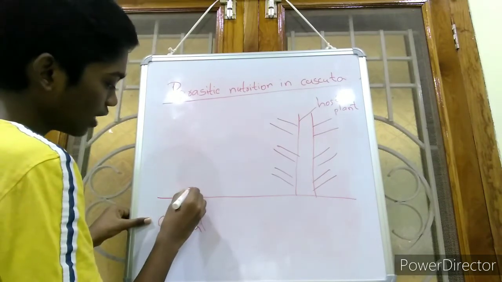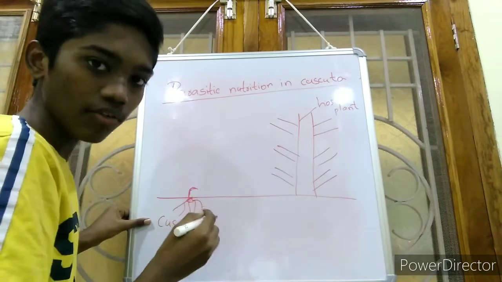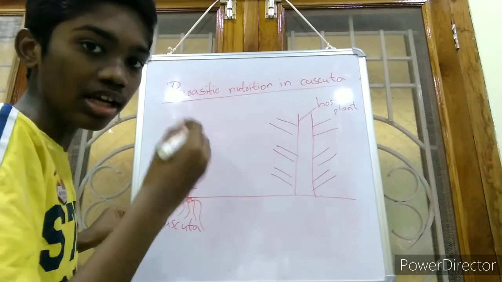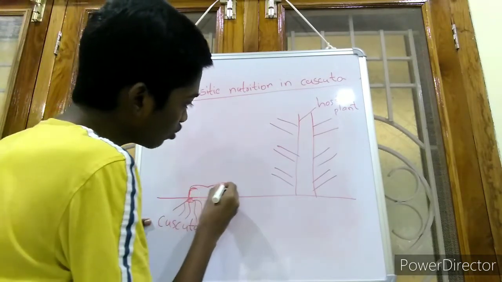Now it will germinate like this. Immediately after its germination, it forms an anchoring root like this.